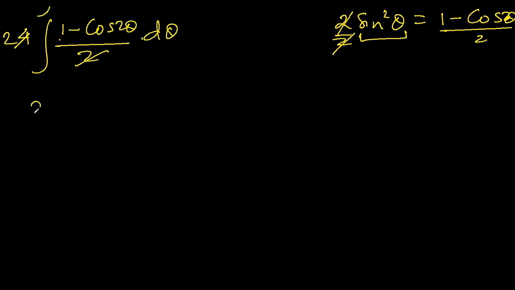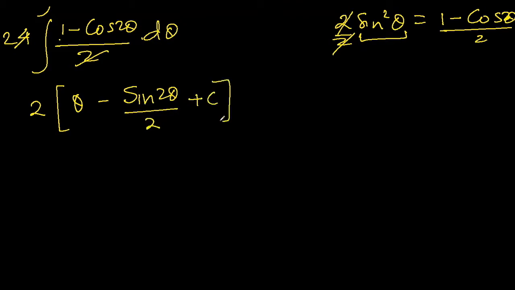Now the integration will be, okay, for 1, integration will be theta minus, for cos 2 theta, it will be sine 2 theta over 2, plus c, from 0 to pi by 6.